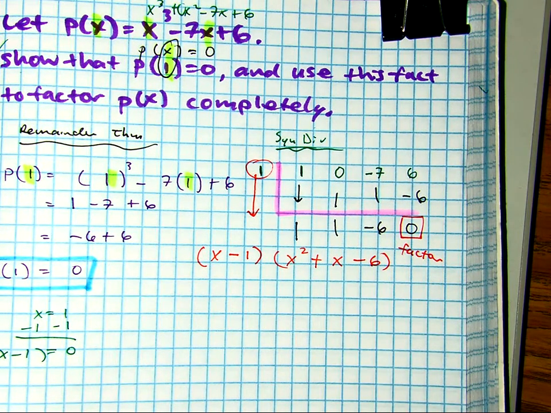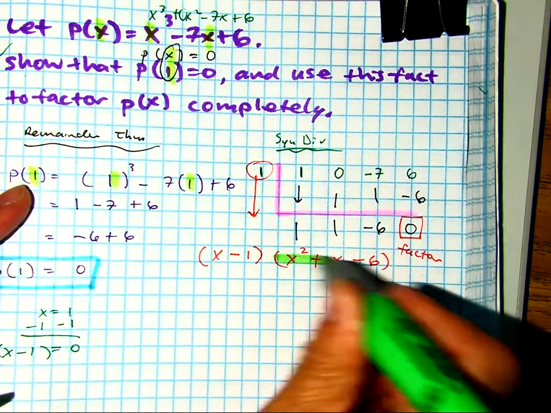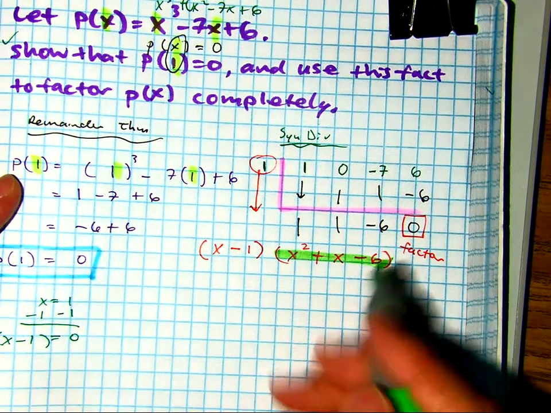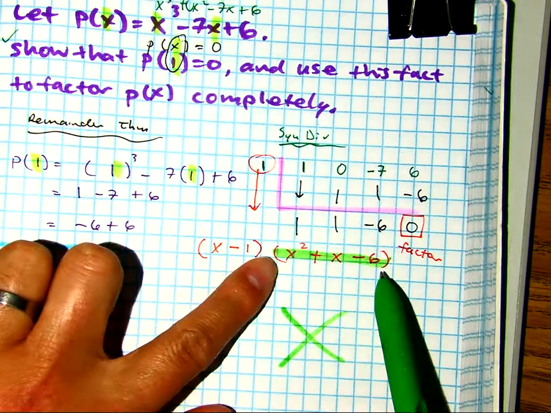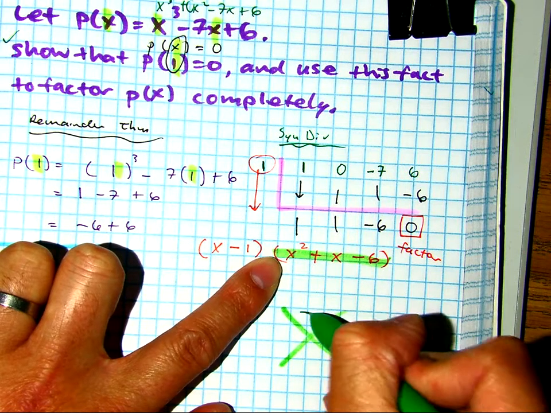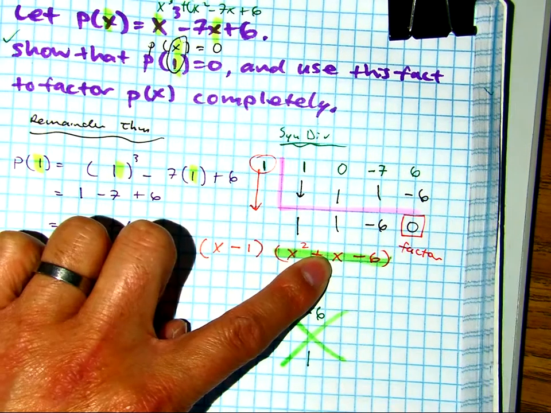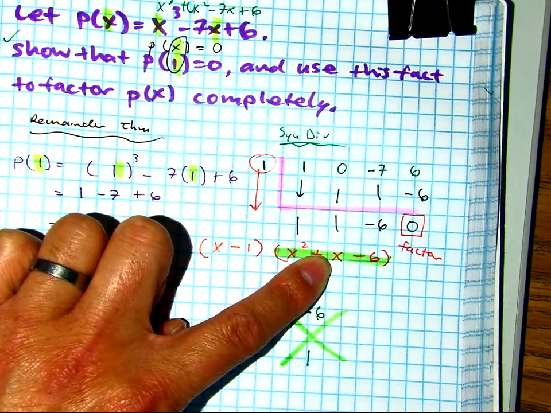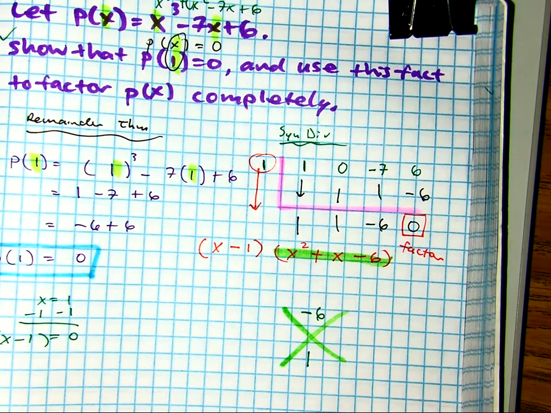Now it asks us to factor completely, so I'm going to have to take this and see if we can factor again. Class, a times c? Negative 6. Your b value? Two numbers that multiply to negative 6 add to be positive 1. 3 and 2.